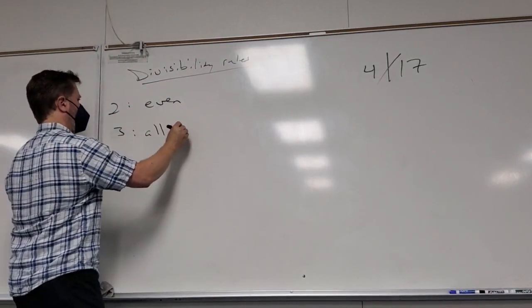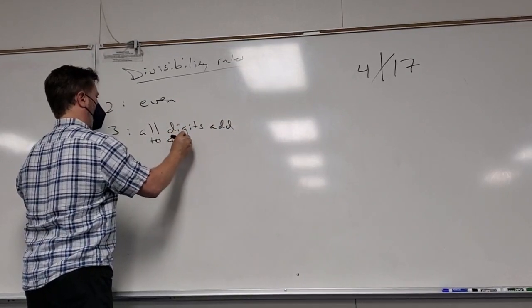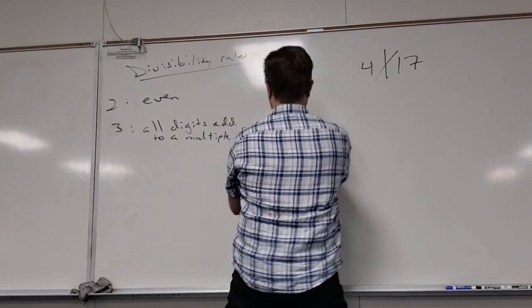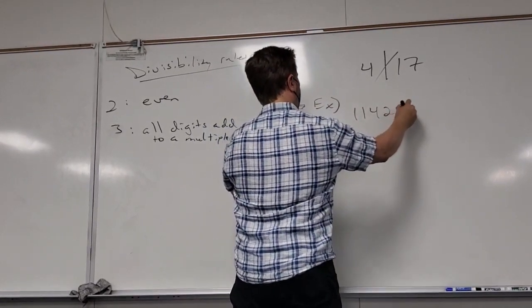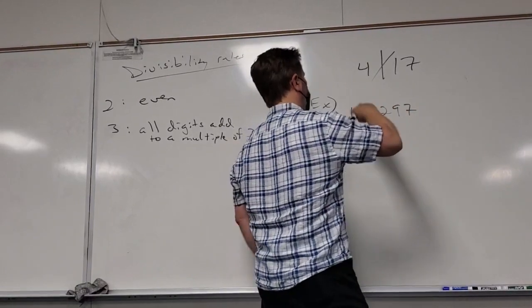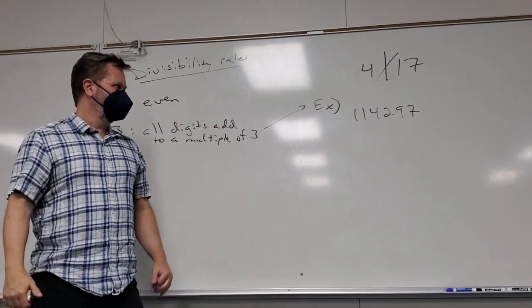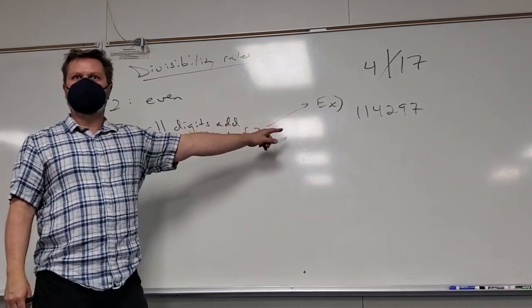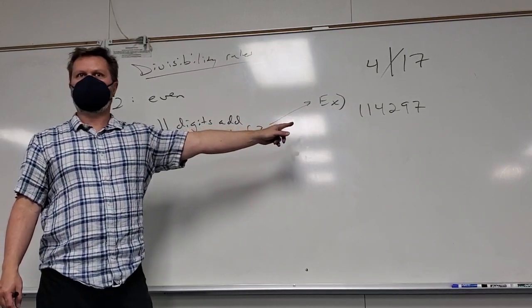I'll do an example. So, what do those digits add up to be? 24. Is that divisible by 3?